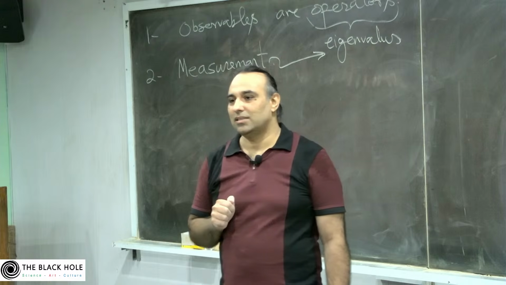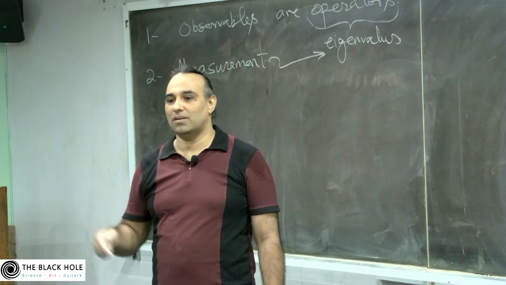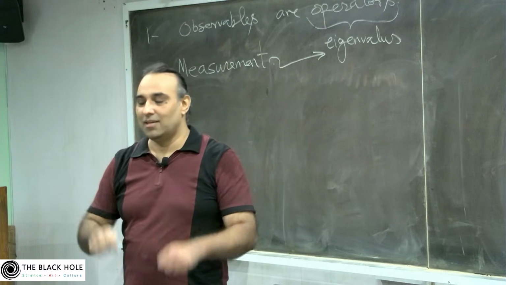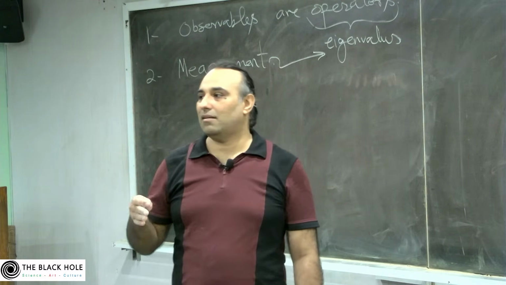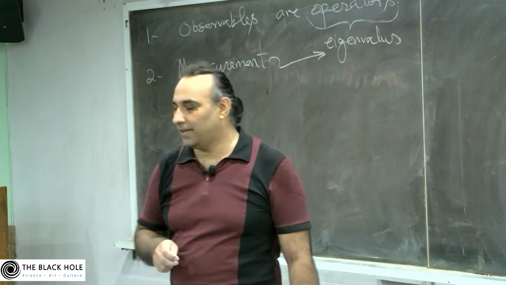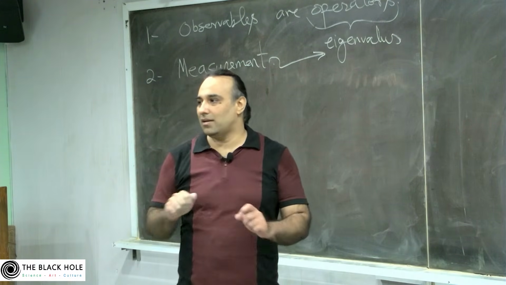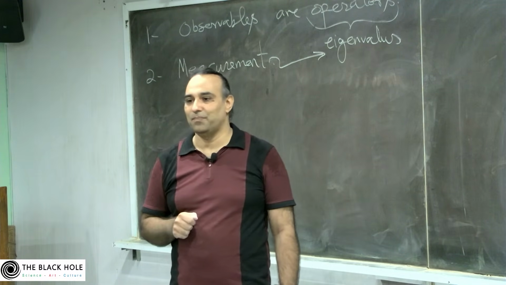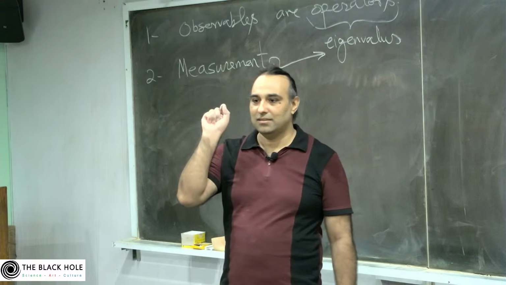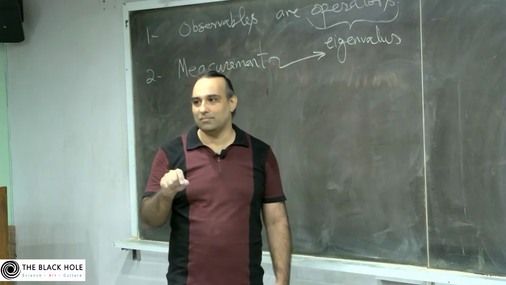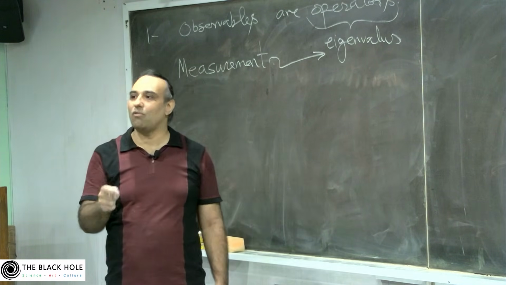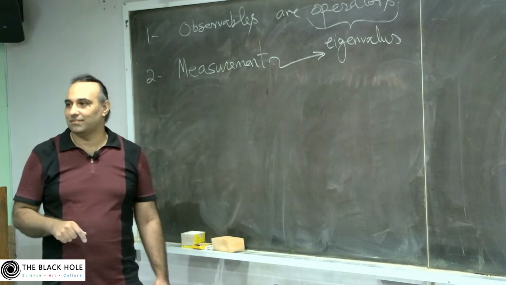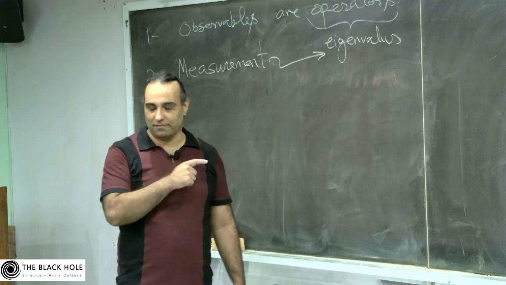In quantum mechanics, the probabilities for different outcomes are not 50-50, they depend on the state the system is in, but there are still usually multiple probabilities. Whenever we make a measurement of an observable, we get one of the outcomes, but it's probabilistic. We don't know which one we are going to get, unless there is only one possibility, then it will be certain, and that is a special case.